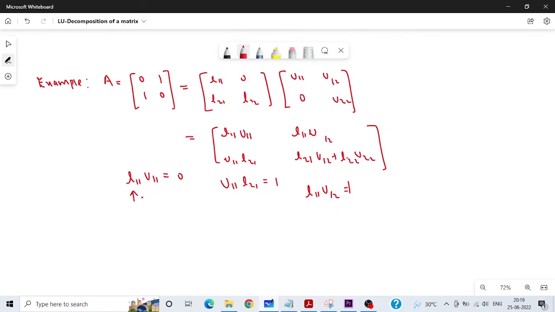If we take L11 as 0, that is a contradiction to the last equation, because L11 into U12 is 1. So L11 cannot be 0. If we take U11 to be 0, then that's a contradiction to the second equation. So this implies that this system of equations doesn't have a solution, which says that A cannot be decomposed as a product of two matrices where the first is a lower triangular and the second is an upper triangular matrix.